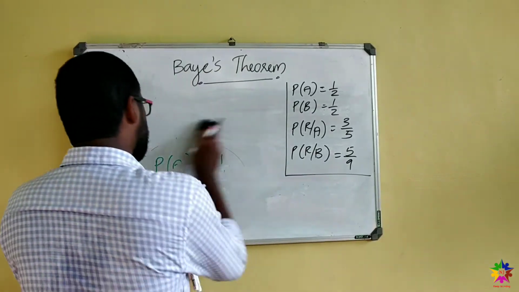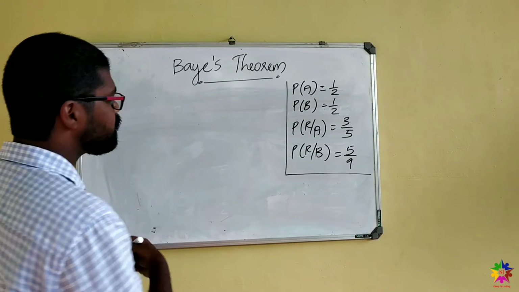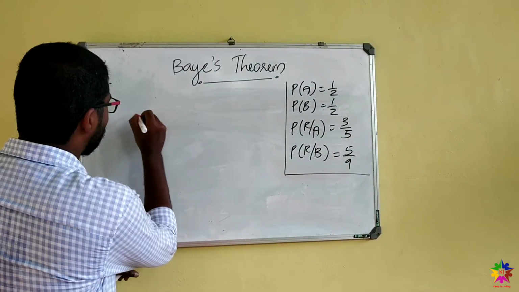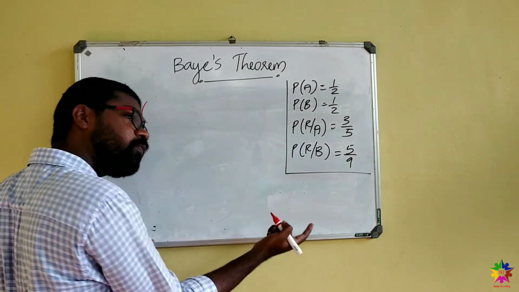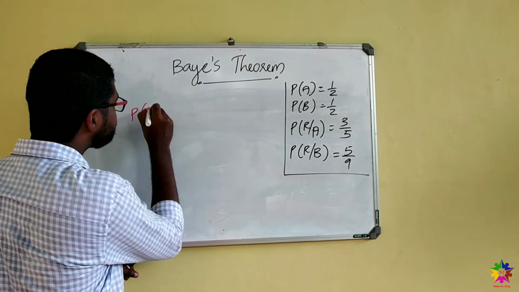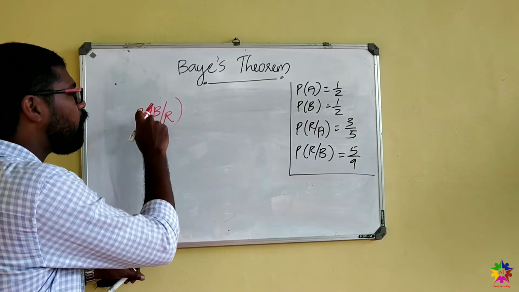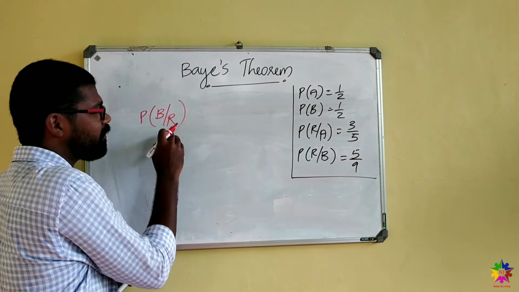And when we come to conditional probability, the question is reversed. That is, what is the probability that the red ball was chosen from box B? So the question becomes B given R. So it is from box B, given that we have drawn a red ball.